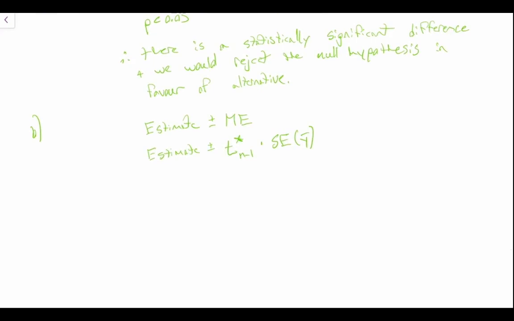So we have our estimate of 6.2. So 6.2 is our estimate, plus or minus our critical value.